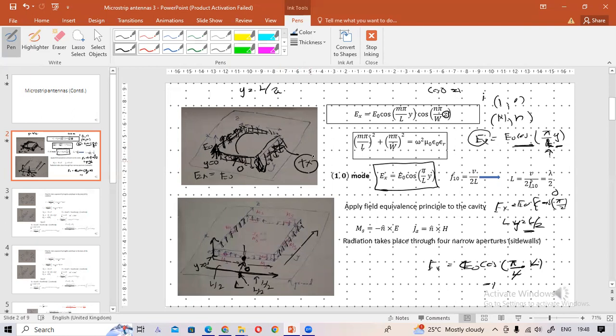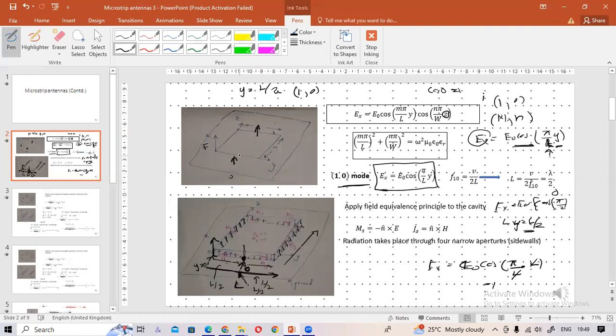The transmission is not happening in this wall and this wall, but from this wall and this wall, transmission is happening. So in the 1-0 mode, you can see that the transmission is happening from this side.